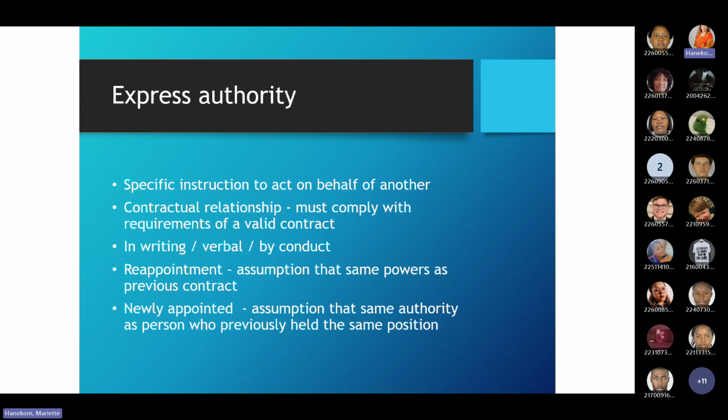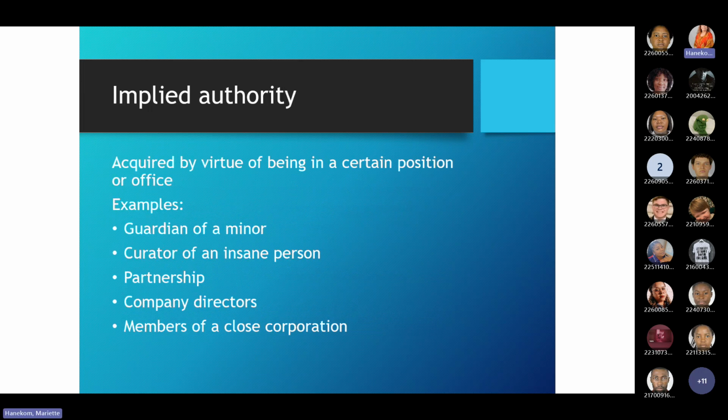Implied authority, on the other hand, is authority that comes with the job. It is authority that doesn't relate to a specific contract, but rather it is broader, more general. It is authority that you gain by virtue of being in a certain position.